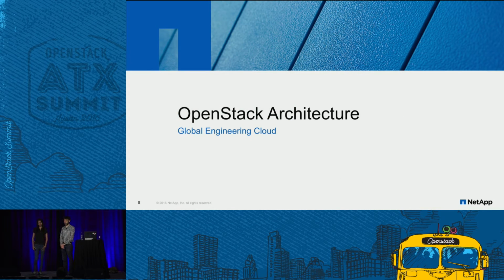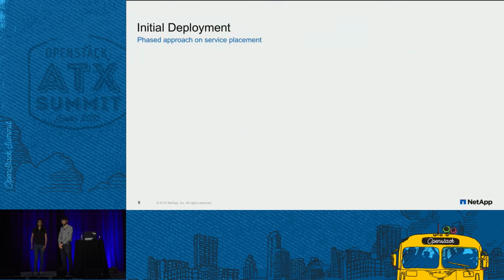Now that you've heard about the bits inside, a little bit about the architecture that we've deployed. Now the technical stuff. It all started back in August 2014 when I first joined NetApp, and this was my first project ever, so I'm very close to this one. We had decided to implement OpenStack inside our organization, but before we got started, we wanted to define a clear use case for it in our environment.